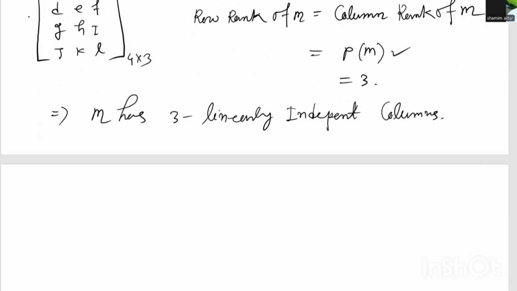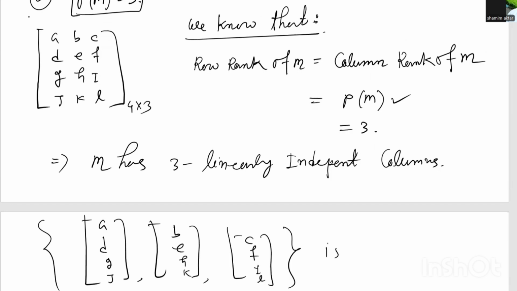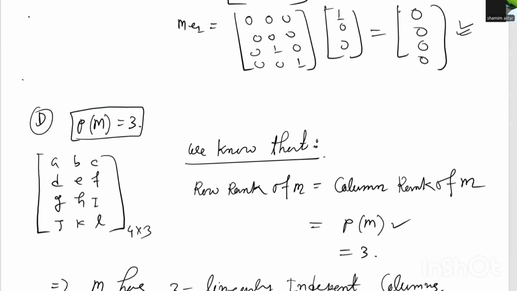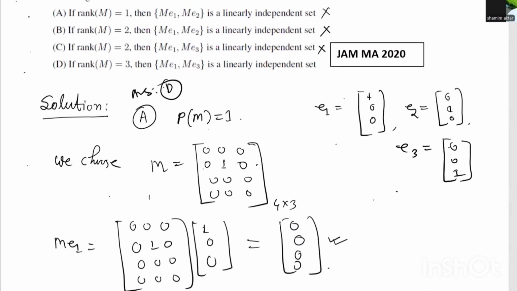That is, the set A, D, G, J and B, E, H, K and C, F, I, L is linearly independent. Now find the elements of ME1 and ME3.